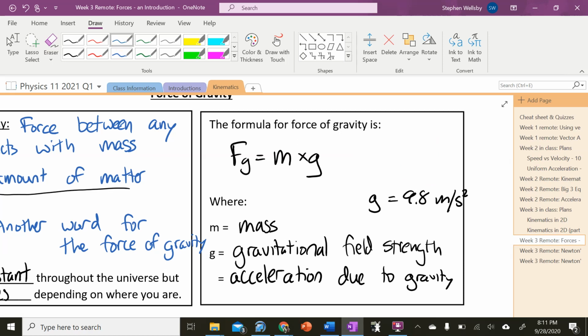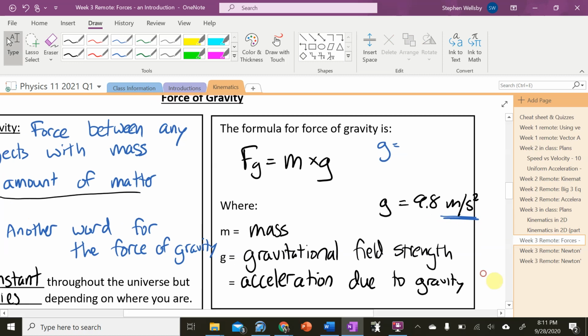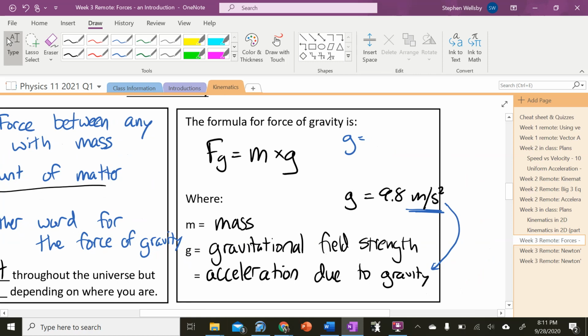Also, just a good exercise, see if you can determine what the units for g are going to be. So one of the units is 9.8 meters per second squared, and that is a completely valid way of looking at g. That ties in with the idea listed here, that it's the acceleration due to gravity. But if we rearrange the formula Fg equals m times g, then we have g equals Fg divided by m, and so this is measured in newtons per kilogram.